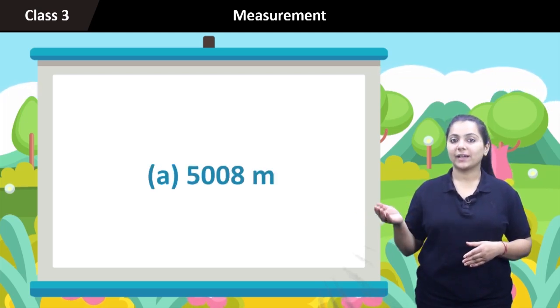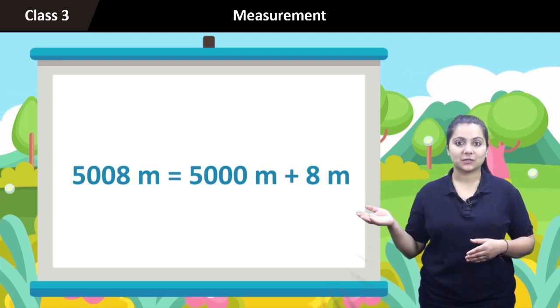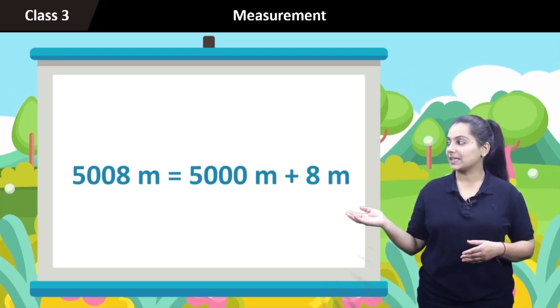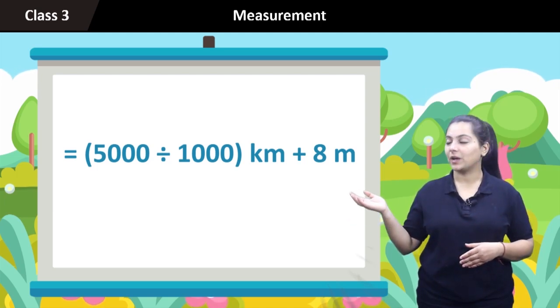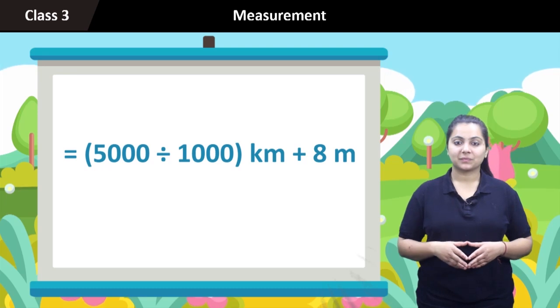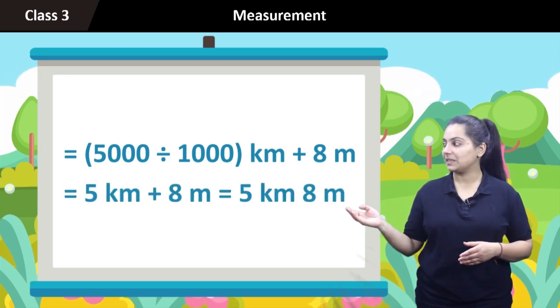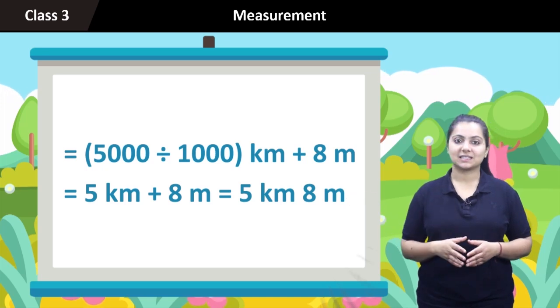A. 5008 meter. 5008 meter is equal to 5000 meter plus 8 meter, that is equal to 5000 divided by 1000 kilometer plus 8 meter. 5 kilometer plus 8 meter is equal to 5 kilometer 8 meters.